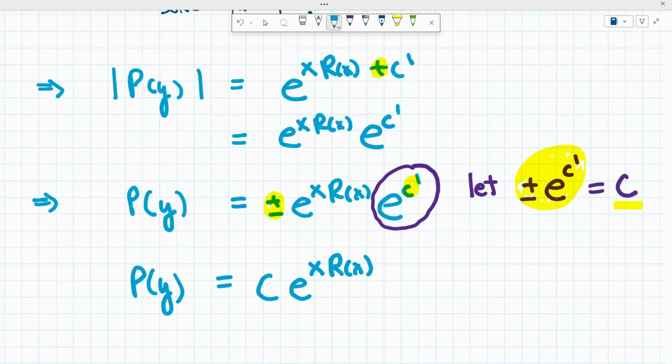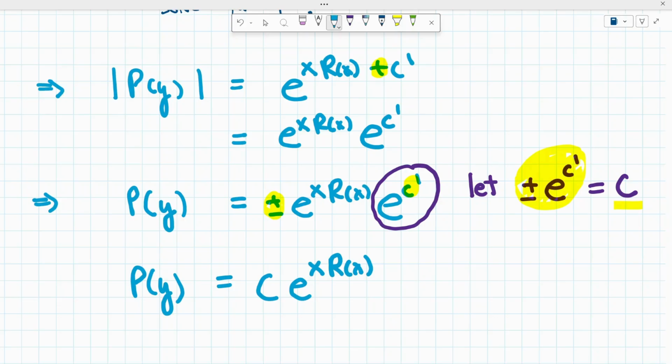We've now solved for our generic form. Since this is generic, this p of y or y represents our dependent variable, and x is our independent variable. Okay, so now we have this, and c is an arbitrary constant.